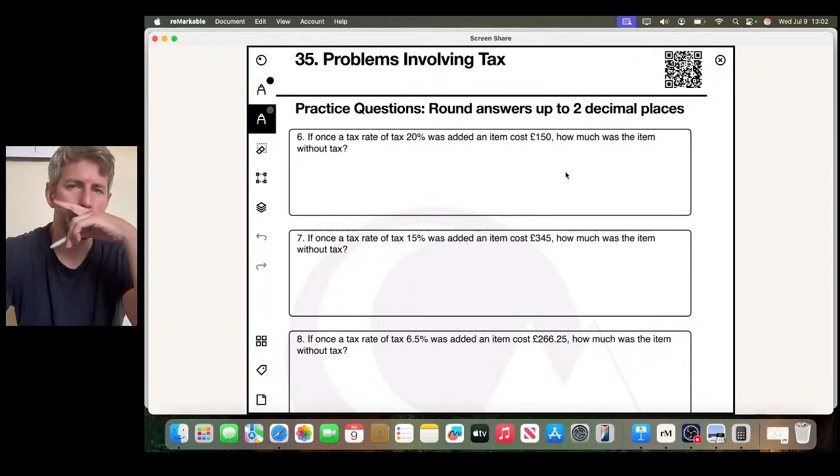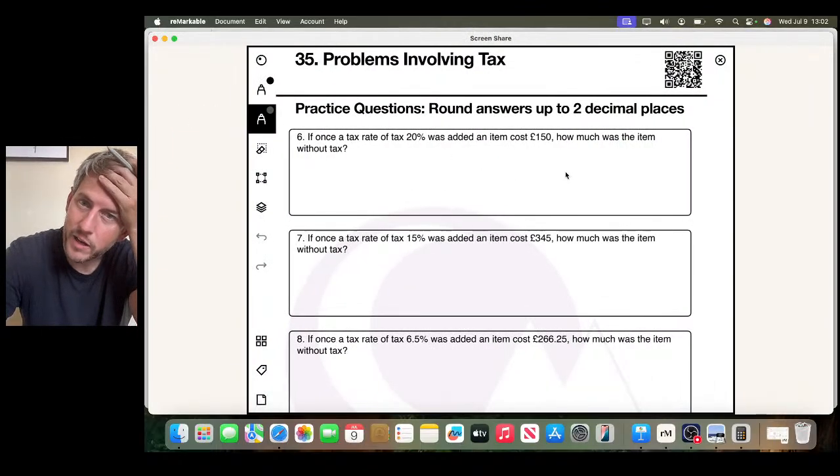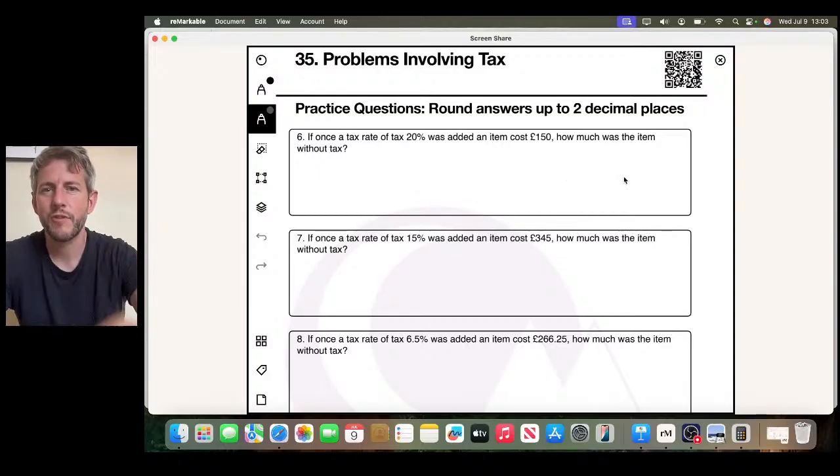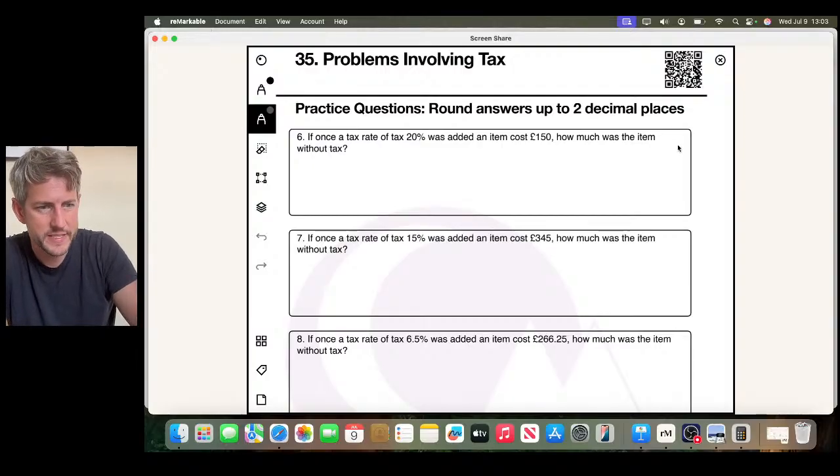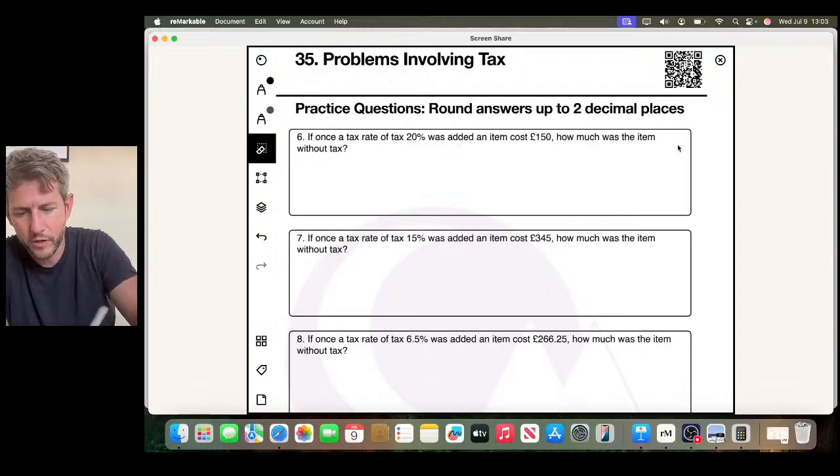Okay. If once a tax rate of 20% was added to the cost of an item, an item cost £150. How much was the item without tax? Right, okay, they've added 20% tax, so that means we've got 120% of the cost.